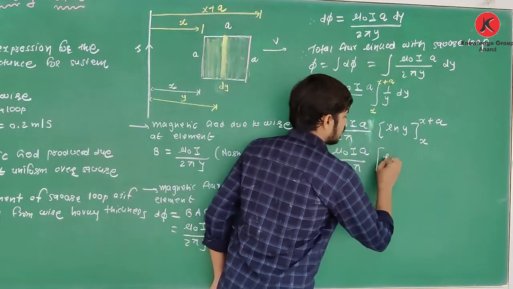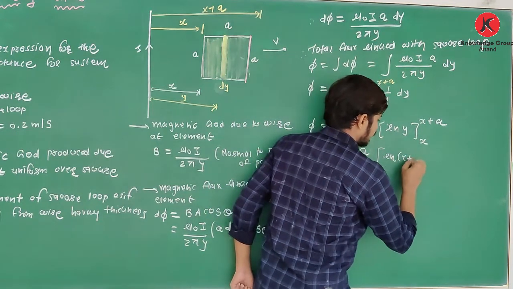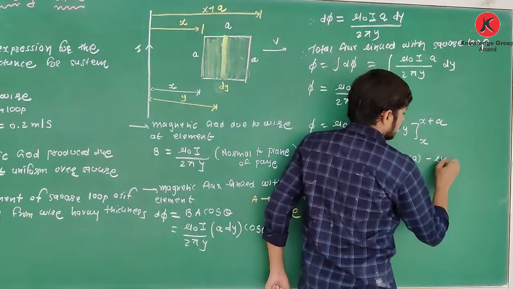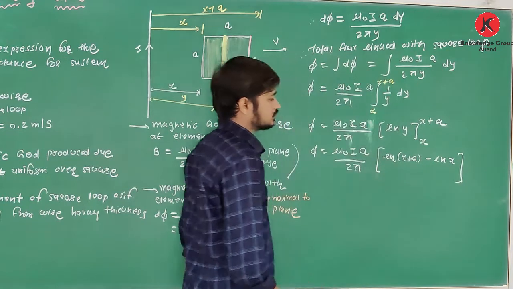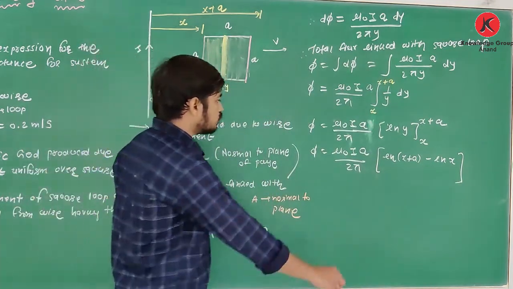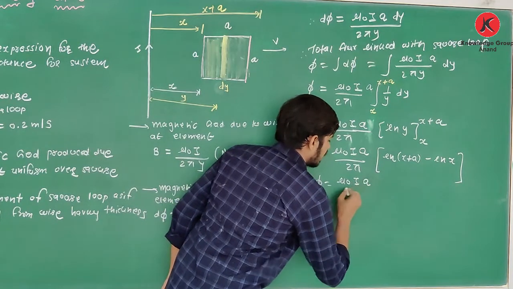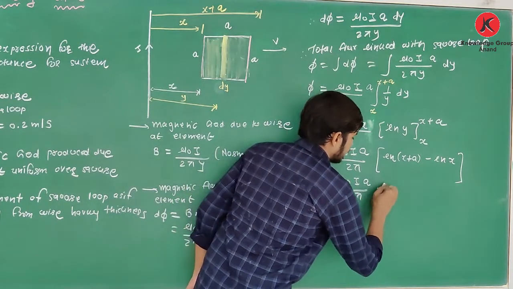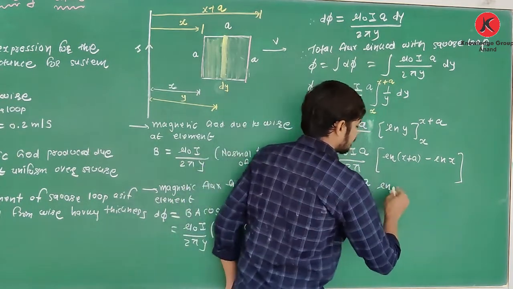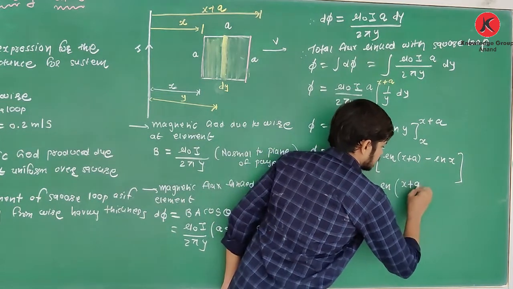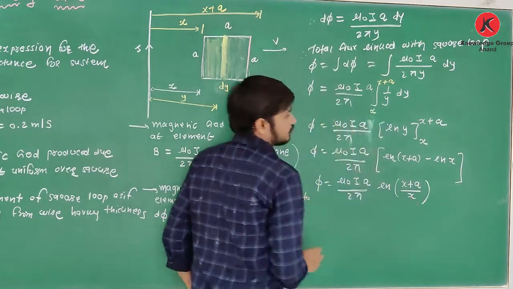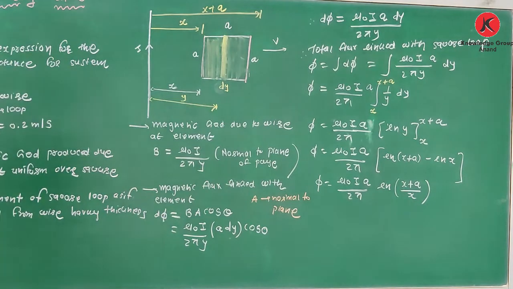Now put the limit: ln (x plus a) minus ln x. If you know the rules of log, then phi is equal to mu 0 I A upon 2 pi, and I can write this term as ln of (x plus a) upon x.